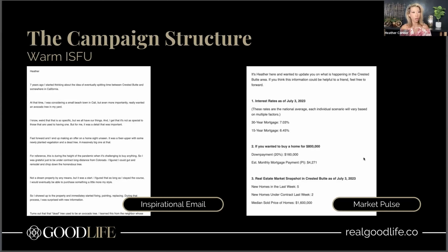I've had some that were 3 lines, maybe 20 characters. That was my shortest one. And then my longest are written in this specific format, a full story that had a beginning, a middle, and an end. So you have a lot of freedom in your inspirational email.